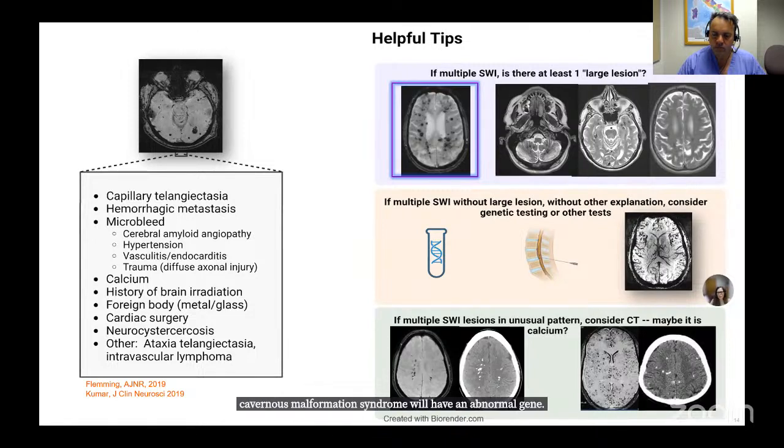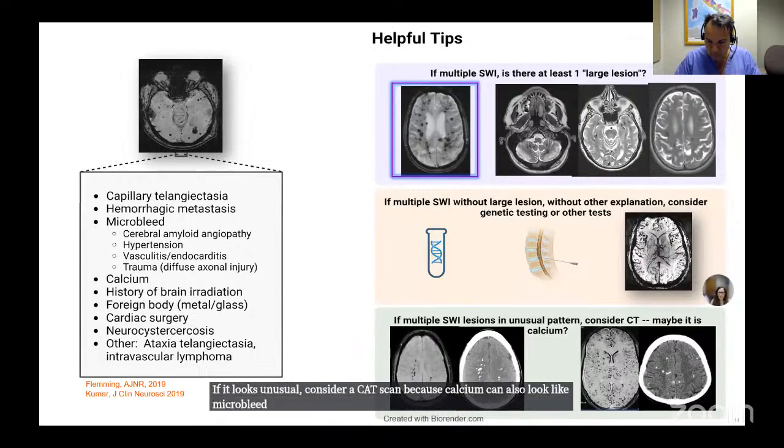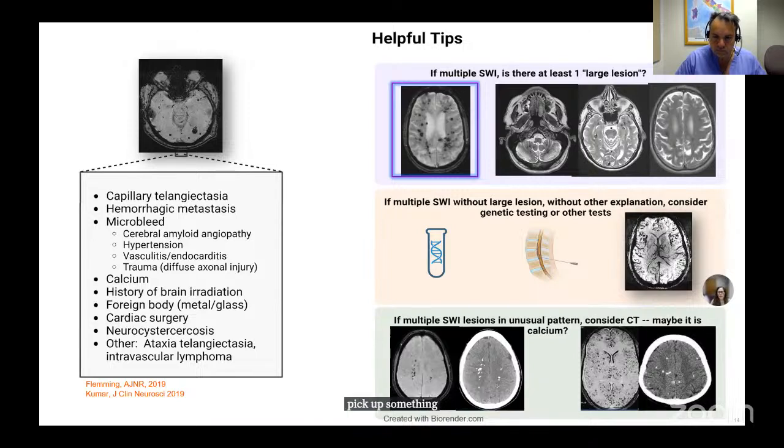Sometimes we've done spinal fluid to try to figure out is it amyloid or not. There should be subcortical and cortical lesions in familial CCM versus amyloid tends to be more cortical. And then also when you look at the pattern of the SWI, if it looks unusual, consider a CAT scan because calcium can also look like microbleeds and you may pick up something else. And neurocysticercosis is one that has sometimes been mistaken for cavernous malformation.